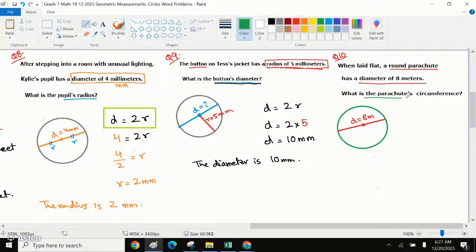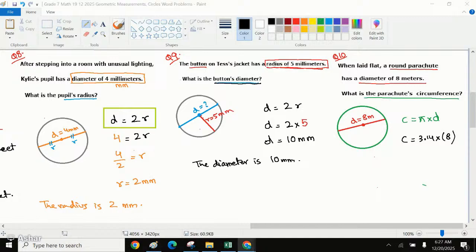What is the parachute's circumference? We know that circumference is pi multiplied by the diameter. So can we say circumference is 3.14 multiplied by the diameter, that is 8. So 3.14 multiplied by 8 is, can anyone give me the answer?